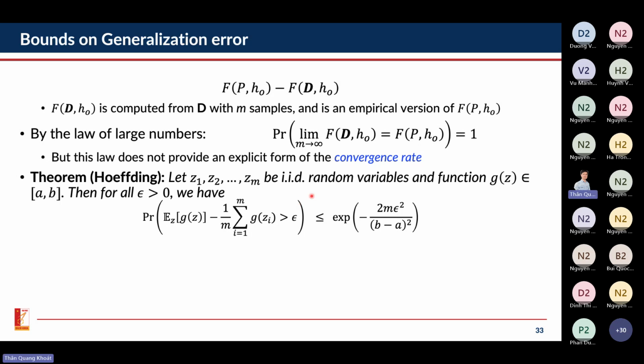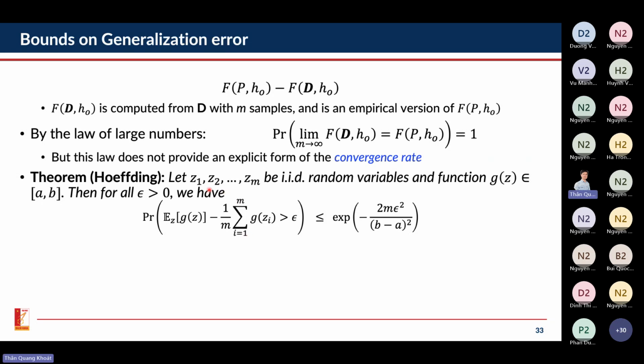In statistics, there is a very well-known theorem. It describes the relation between those two quantities, the error on a finite set and the error on the population.